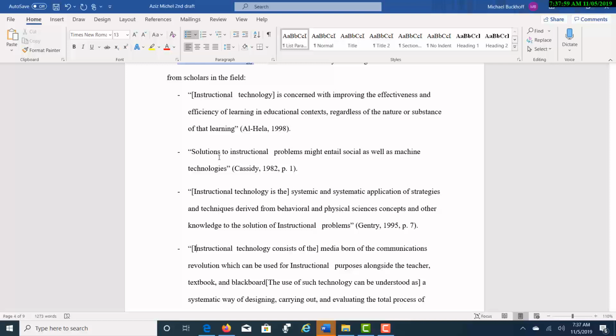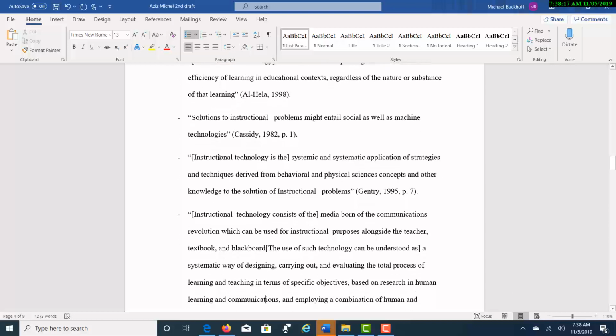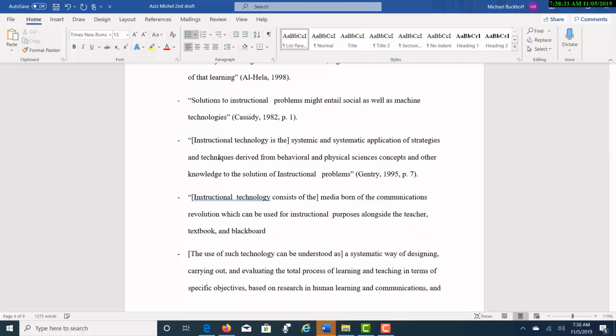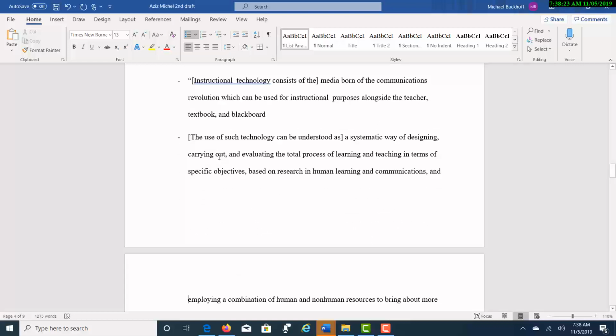Instructional technology consists of the media born of the communications revolution, which can be used for instructional purposes alongside the teacher, textbook, and blackboard. This one, I think you want to do it like that, right?